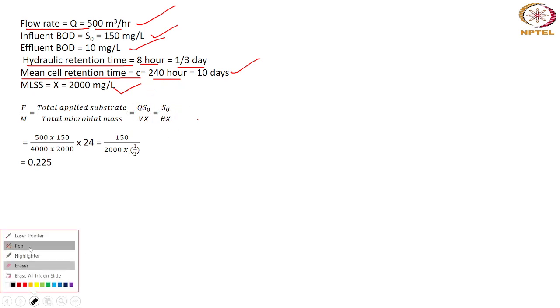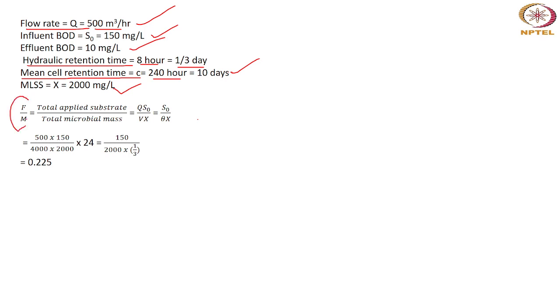Then this is my F/M ratio. Conceptually, it is total applied substrate, or total applied BOD, divided by total microbial mass. Whatever BOD, substrate or food is coming, divided by total microbial mass.